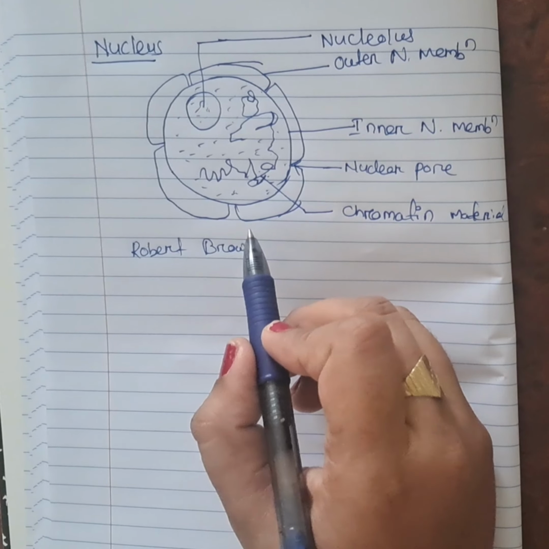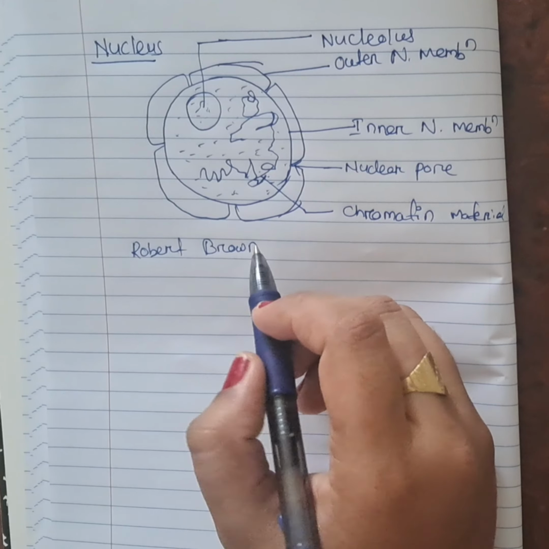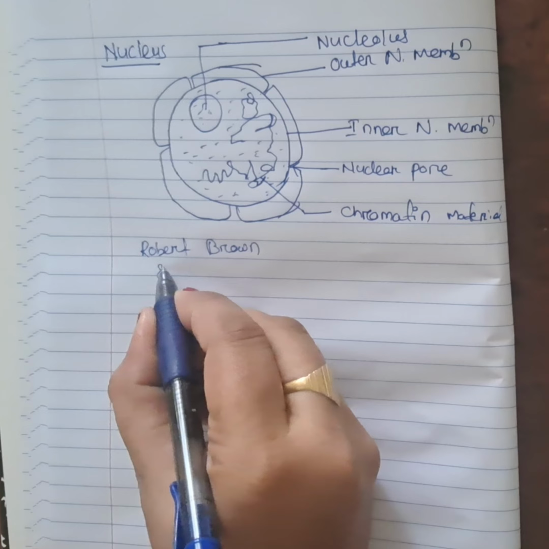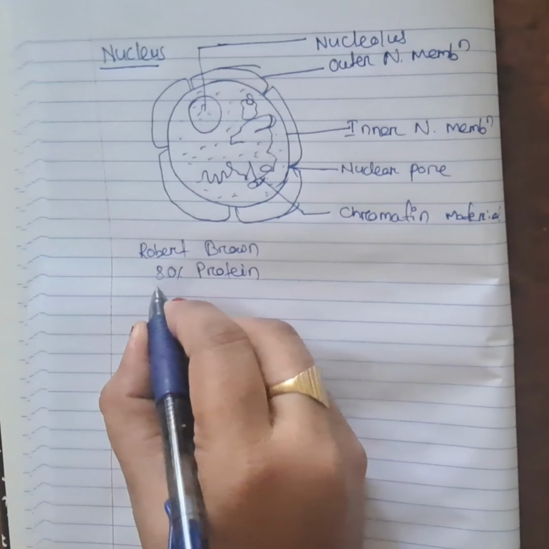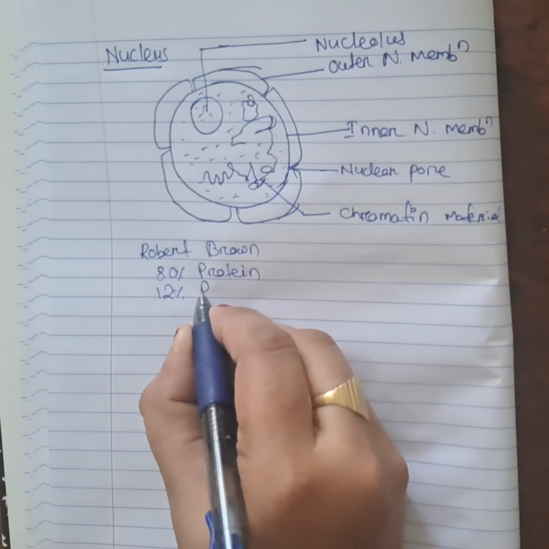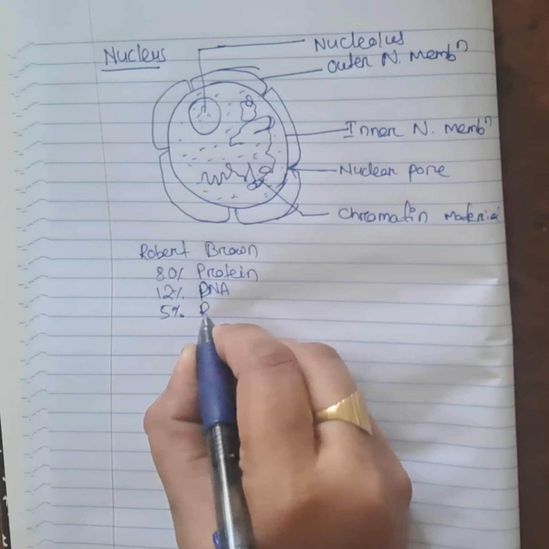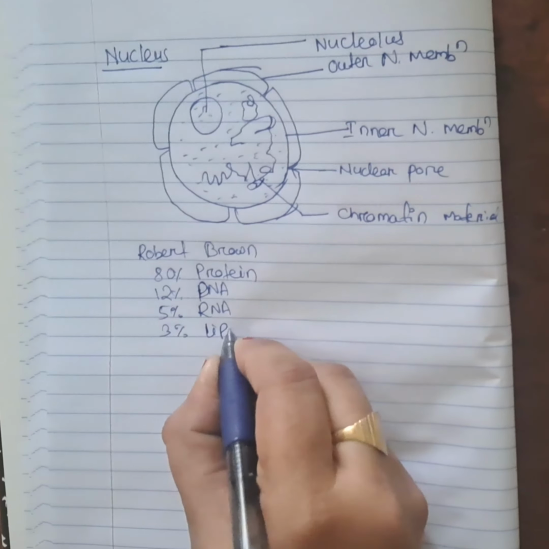It is the largest cellular structure known. Talking about the composition, the nucleus consists of 80% protein, 12% DNA, 5% RNA and 3% lipids.